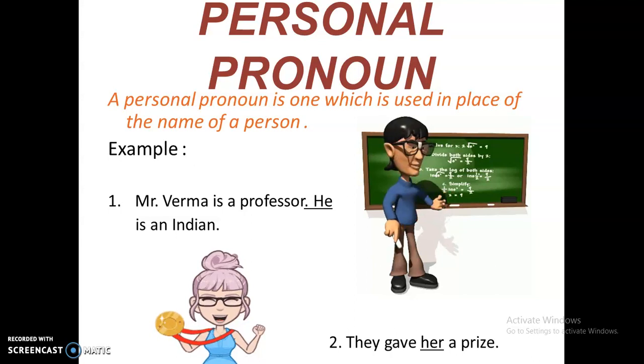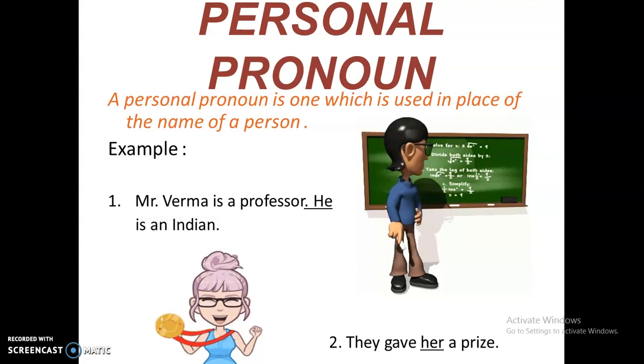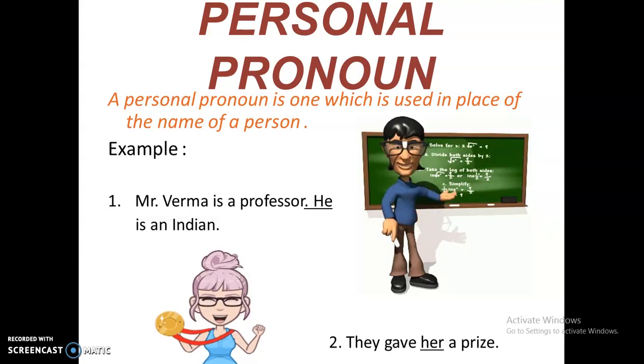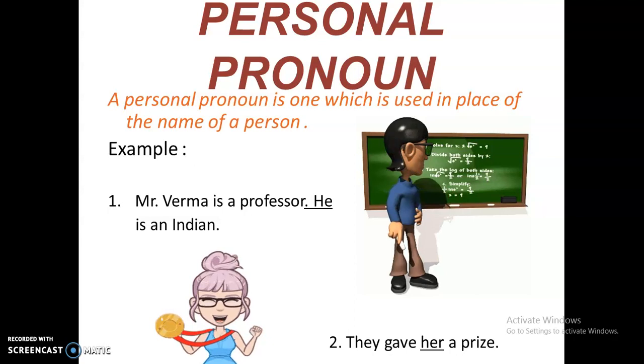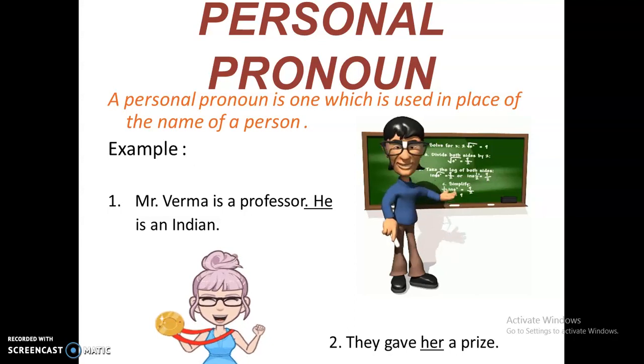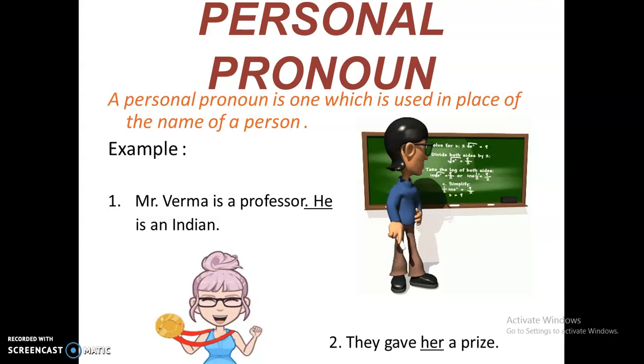Here, he is a personal pronoun. Now, if it had been Mrs. Verma, which pronoun would I have used? Tell me, people. Yes, it would be: she is an Indian. So here he and she both act as personal pronouns.